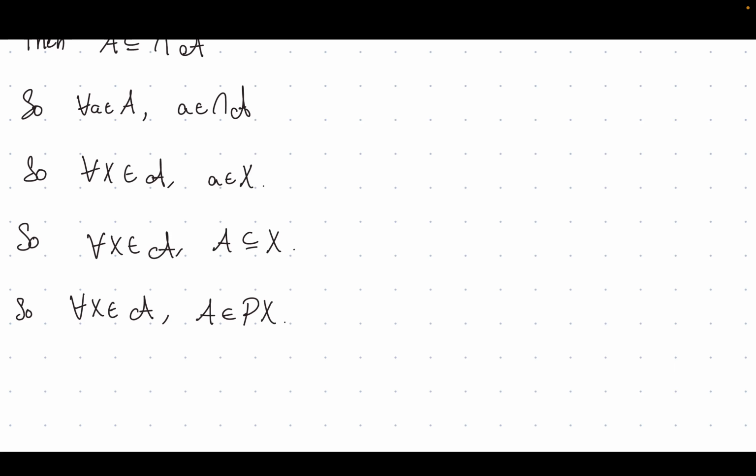So for all X in script A, A is in the power set of X. So A is in the intersection of P(X) such that X is in script A. Is that right?